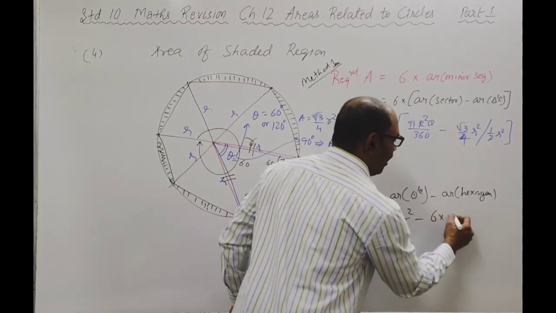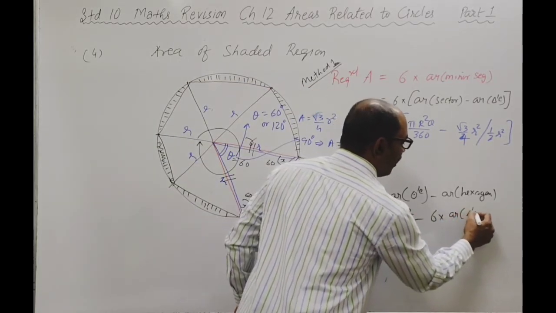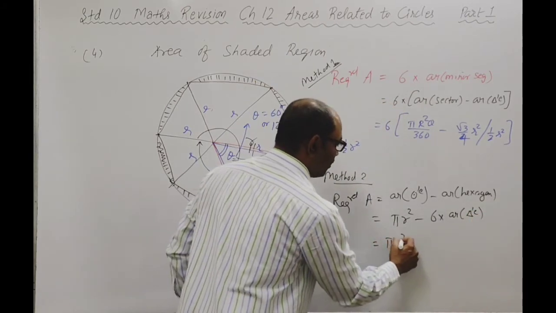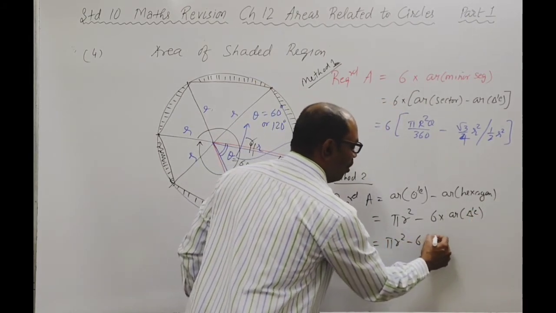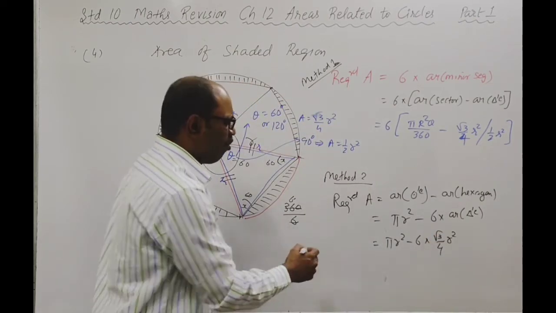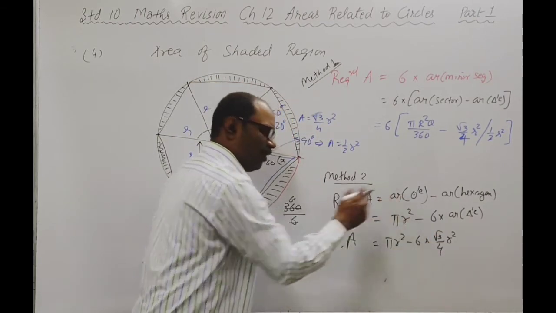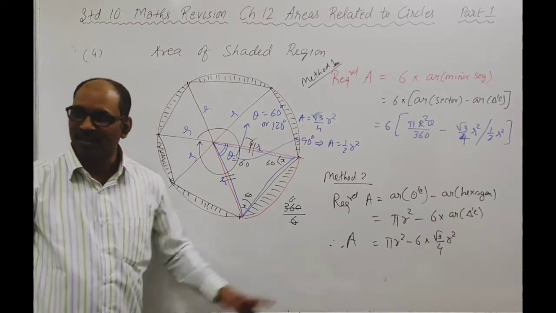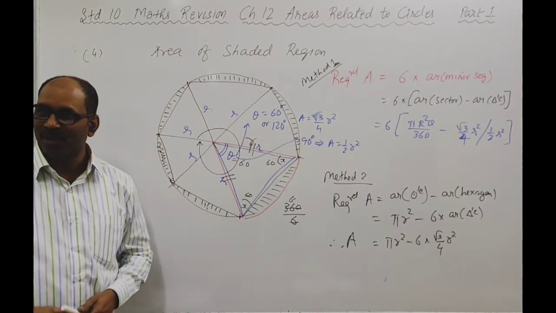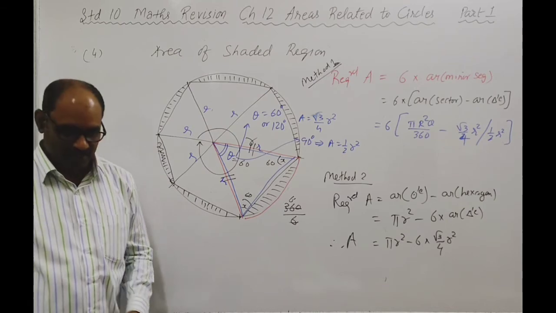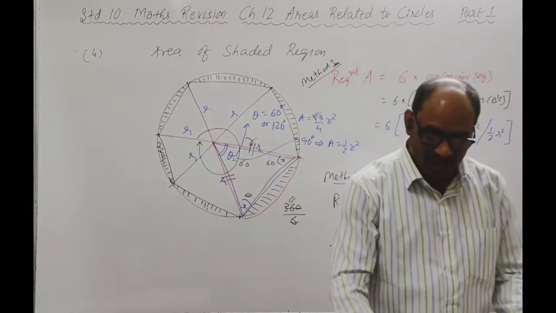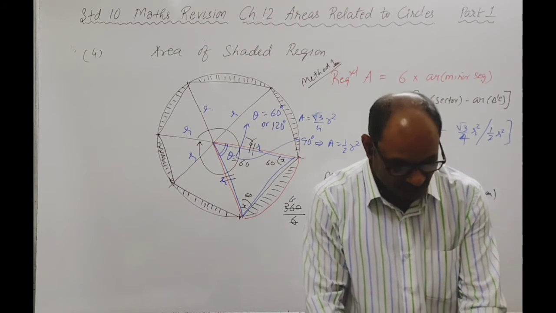And each triangle is equilateral triangle. So pi r square minus 6 times root 3 by 4 r square. फिर आप common निकाल सकते हैं. Then whatever you want to do you can. So this is another way of finding the area of shaded region. I hope that is clear. Understood? Sure. Okay. We'll move on to the next one.